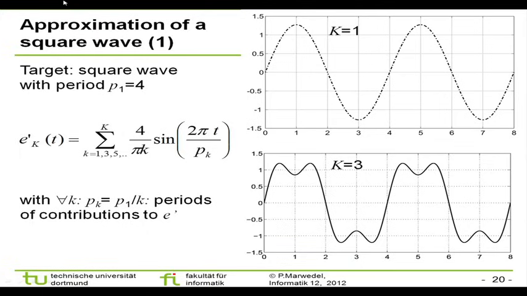Here, my objective is to generate a square wave with a period 4, and I am starting with a sine wave. If you look at this equation, the period is 4, so 4 by pi sine omega t, and the period is 2 pi by pk, which is my omega.